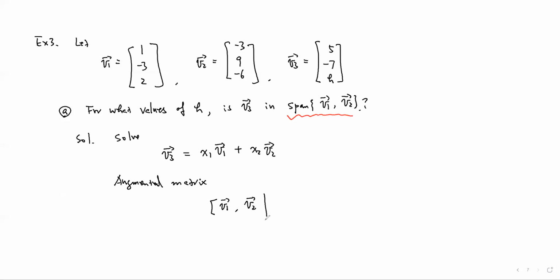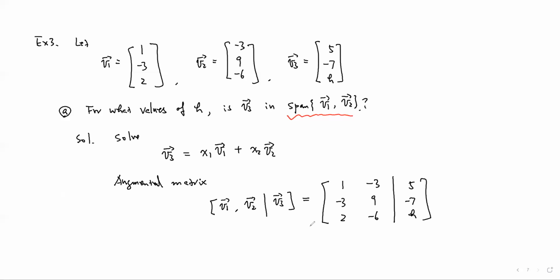And then equal to the right-hand side V3. Solve this equation. Okay, in detail, it is 1, negative 3, 2 for V1, then V2, and then V3. Okay, now let me solve this linear system to see if I can find a solution.